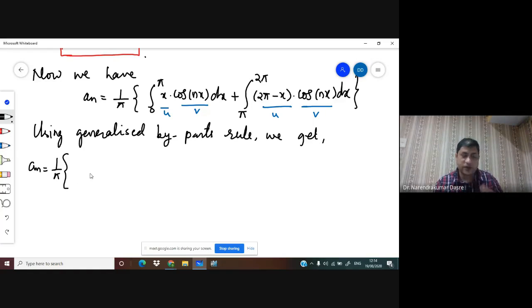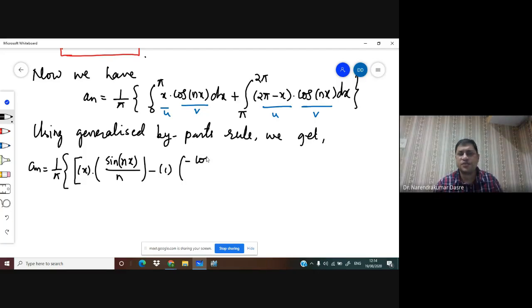Okay, so let us see the first integral. X as it is, the integration of cosine, that's what we'll be having, sine of nx upon n, minus the derivative of x, which is going to be 1, and the integration of this is minus cos of nx upon n square, and the limit is 0 to pi.